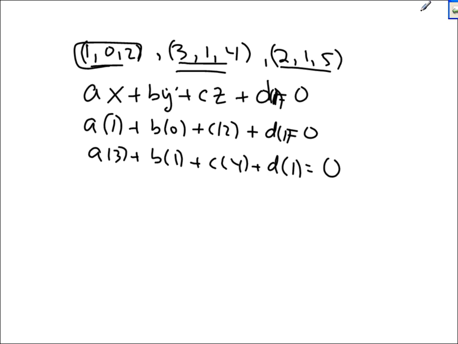And then you have the third point: a times 2 plus b times 1 plus c times 5 plus d, which is the same as d times 1, equals 0.